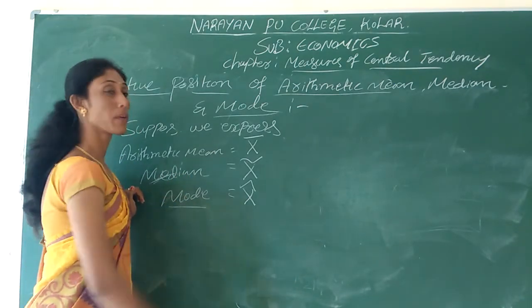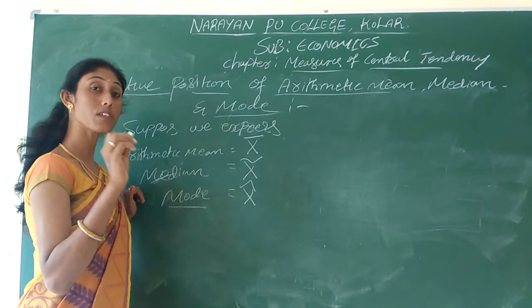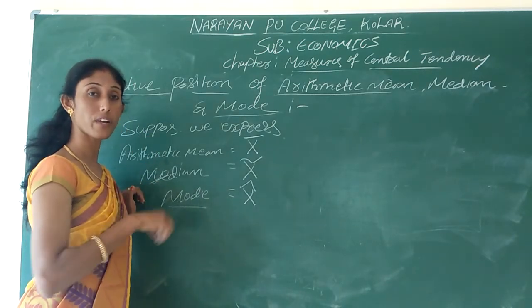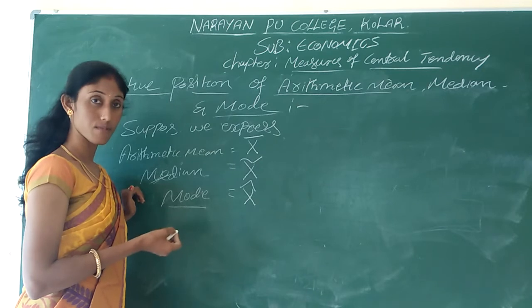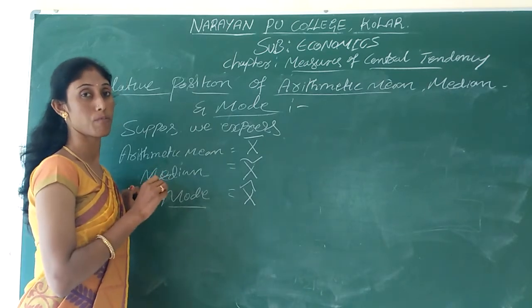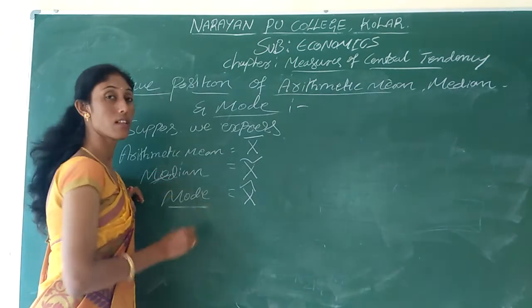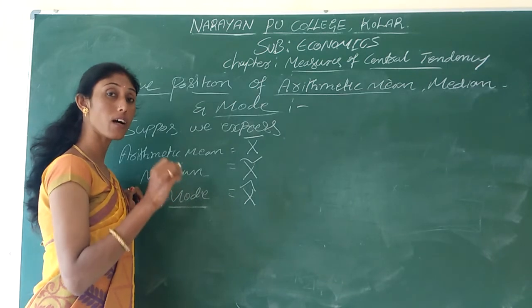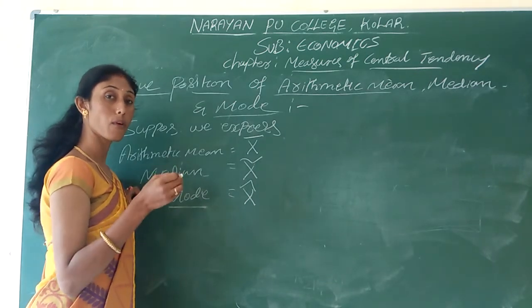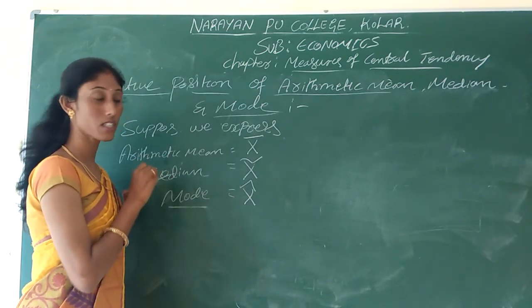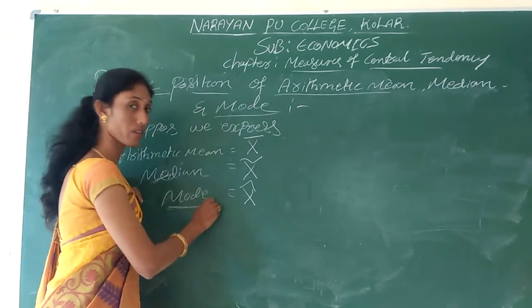Mode means the value which appears more frequently than the others in the data, the value appearing more number of times.